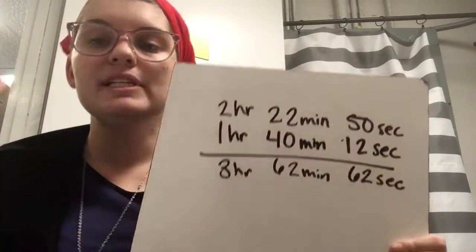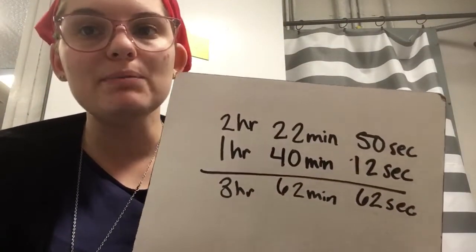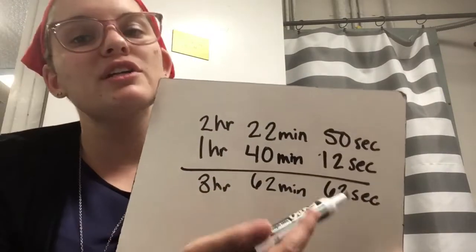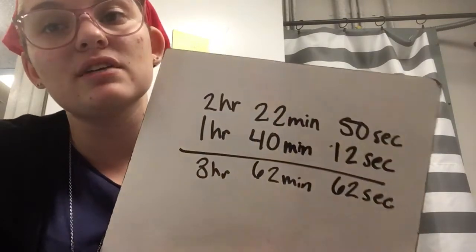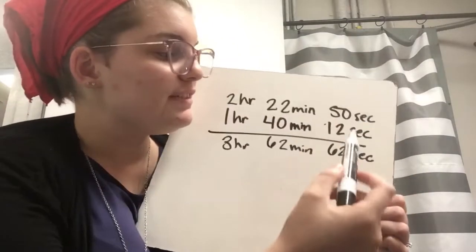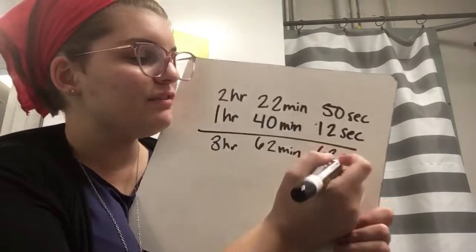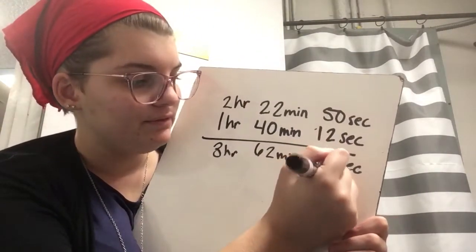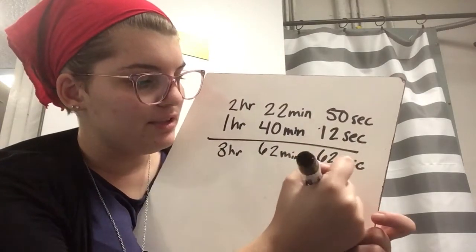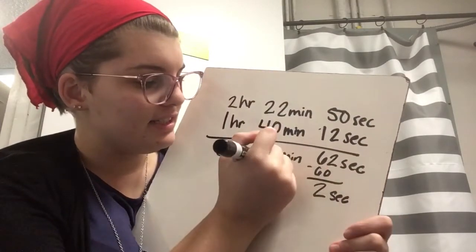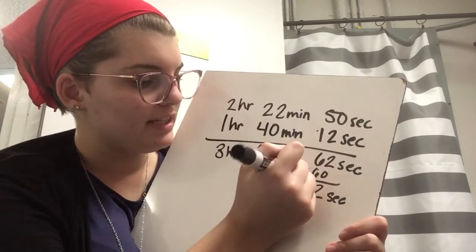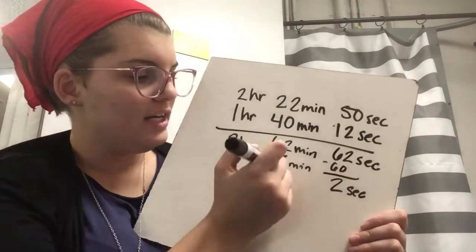So, much like we did before where we were like, hey, that's too many minutes, we're going to convert that to hours. We're going to do the same, but starting from seconds, converting it into minutes. So if I have 62 seconds, I can convert that. I subtract 60. I'm left with 2 seconds. And that gets added here, 63 minutes. I add 1 here.